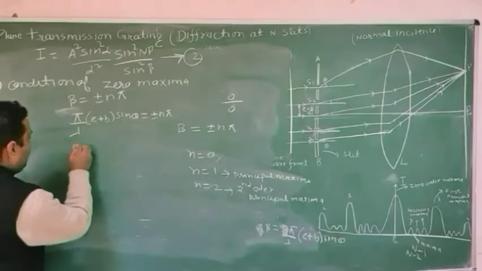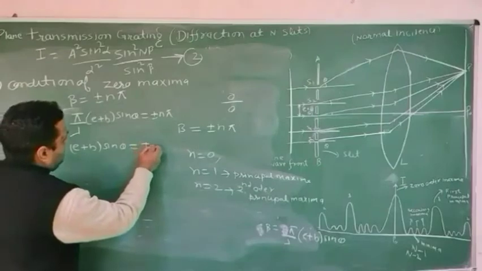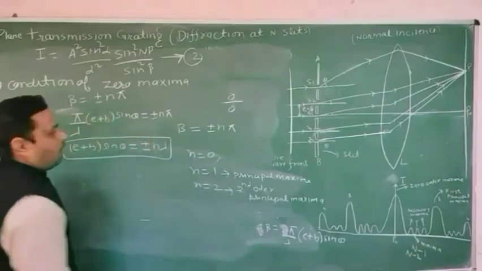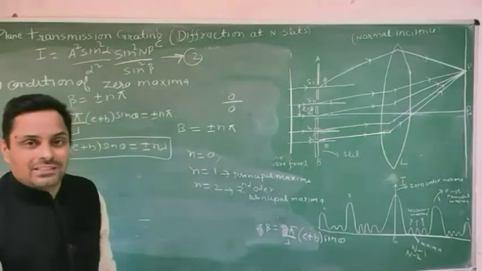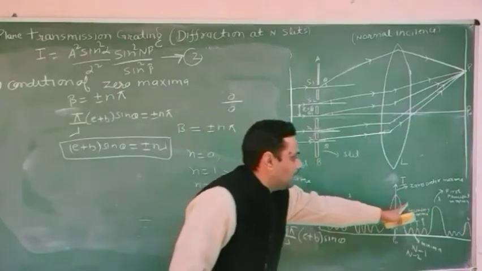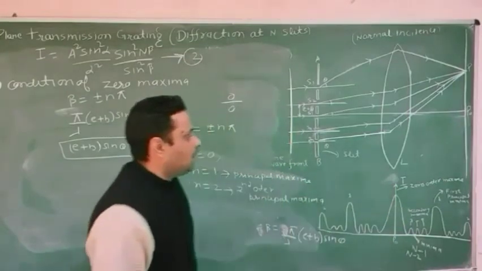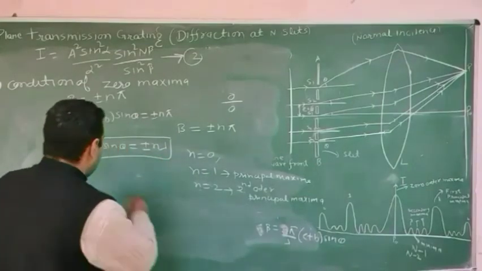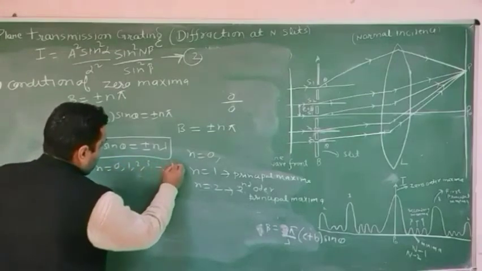So (e plus b) sin theta is equal to plus minus n lambda. This is the position of the maxima around the zero order maxima. Plus minus means there will be principal maxima on both sides of the zero order maximum. So n is 0, 1, 2, 3 up to n.